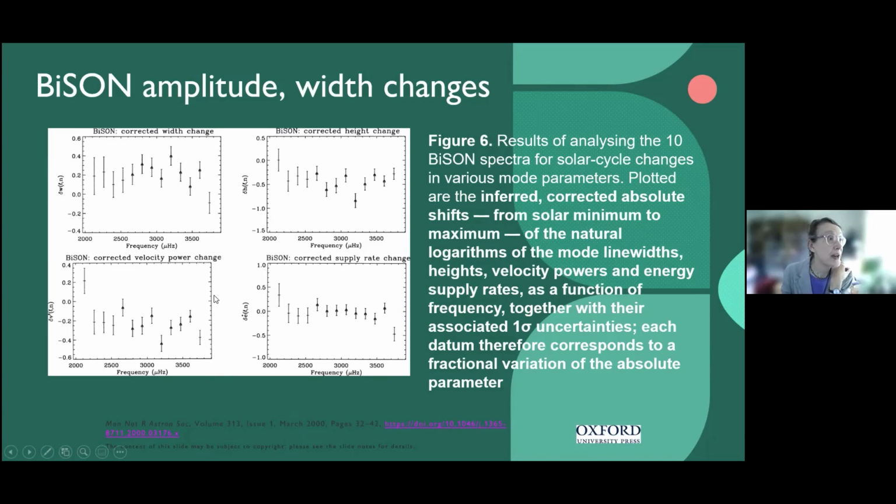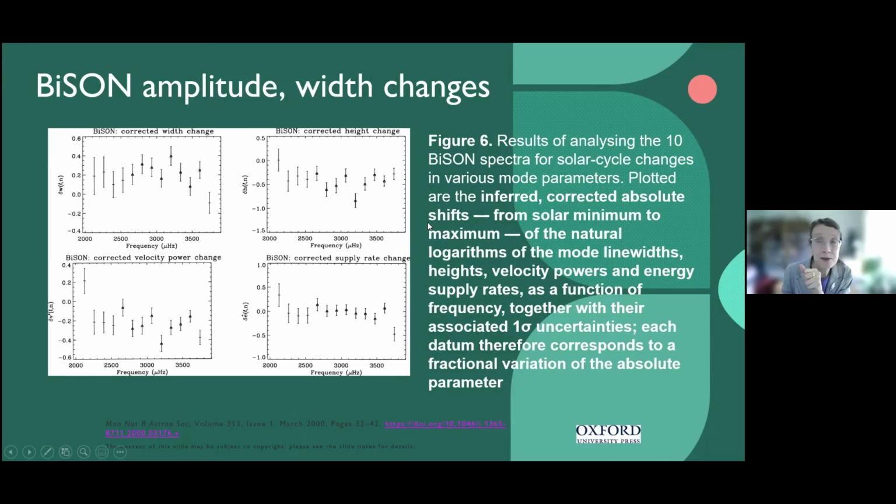You can just about see as a function of frequency that the line width is correlated with the power, and more so in the middle of the spectrum, and the amplitude is anti-correlated.